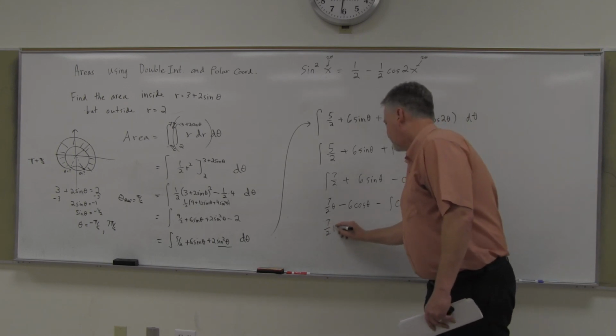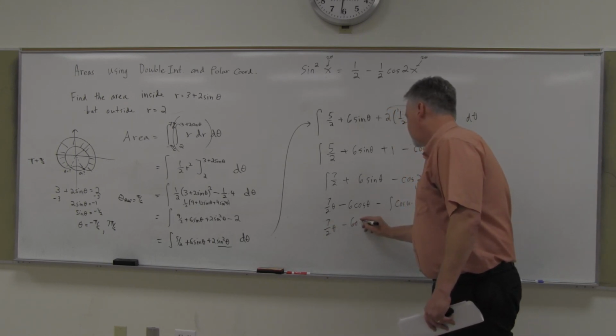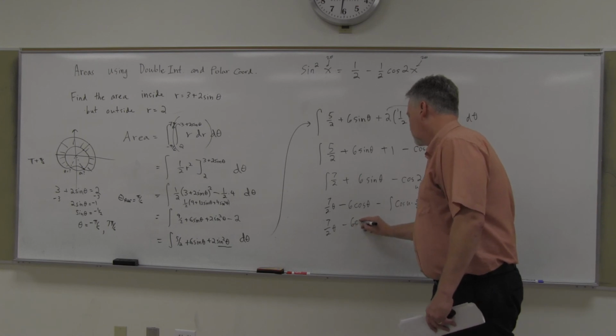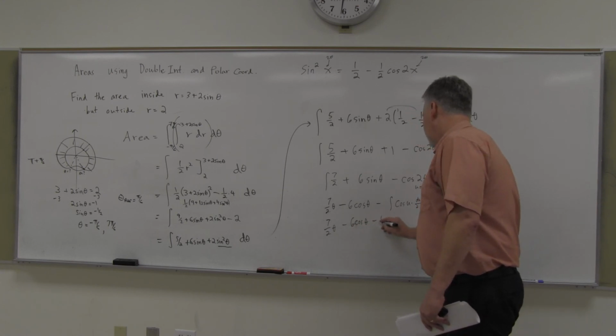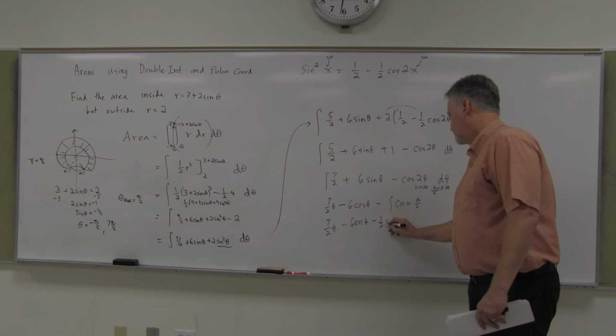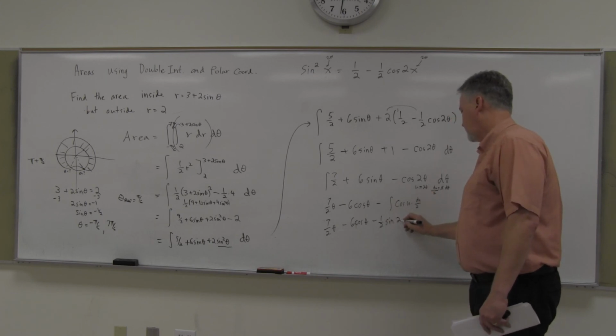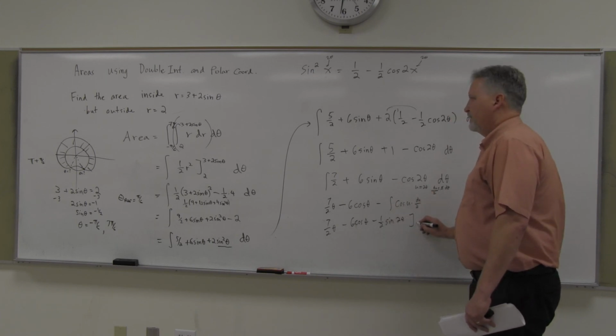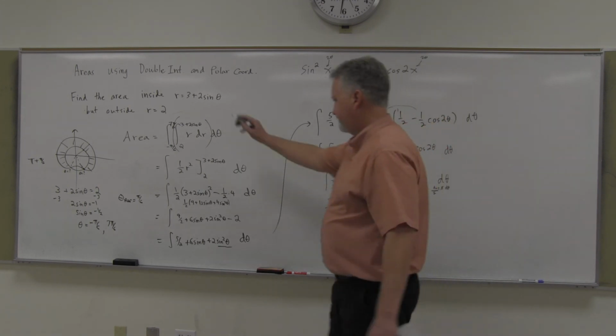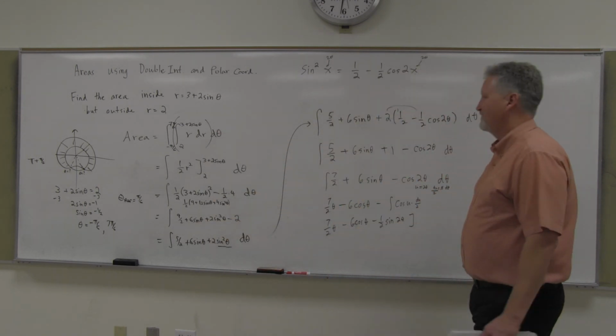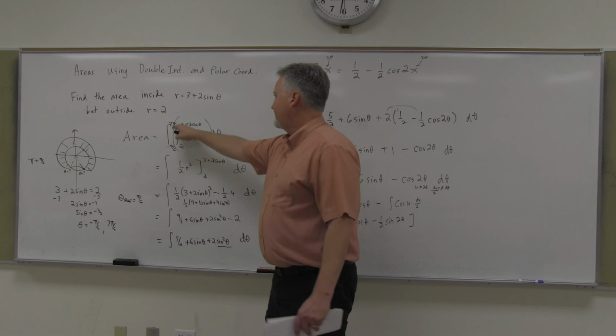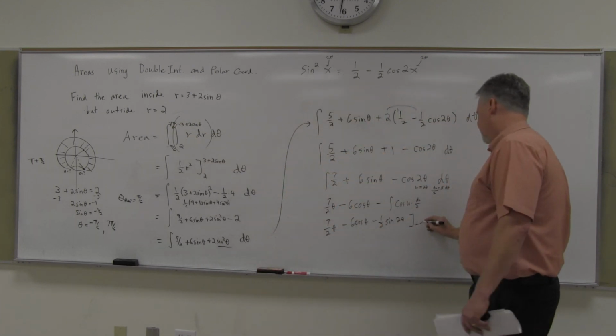So you got 7/2 theta minus 6 cosine theta minus 1/2 sine of u, but u is 2 theta. So once you get that, oh, notice I forgot to write my limits all the way down, but it's negative pi over 6 to 7 pi over 6.